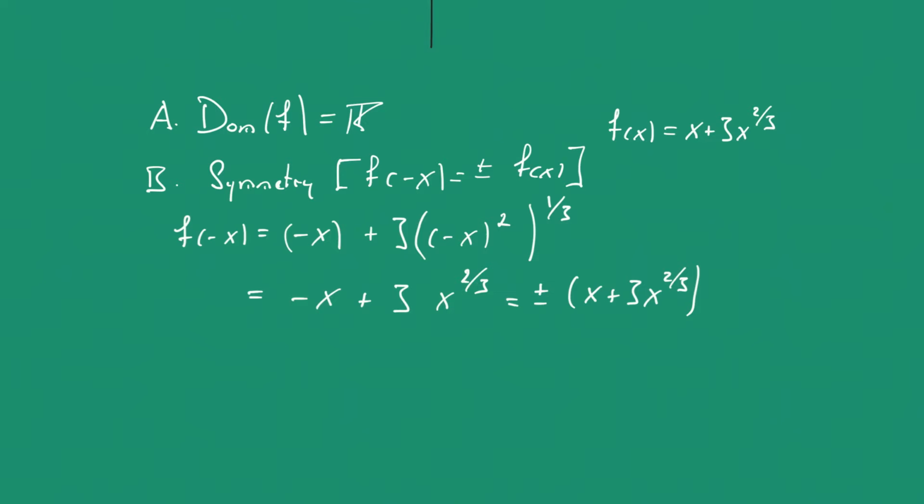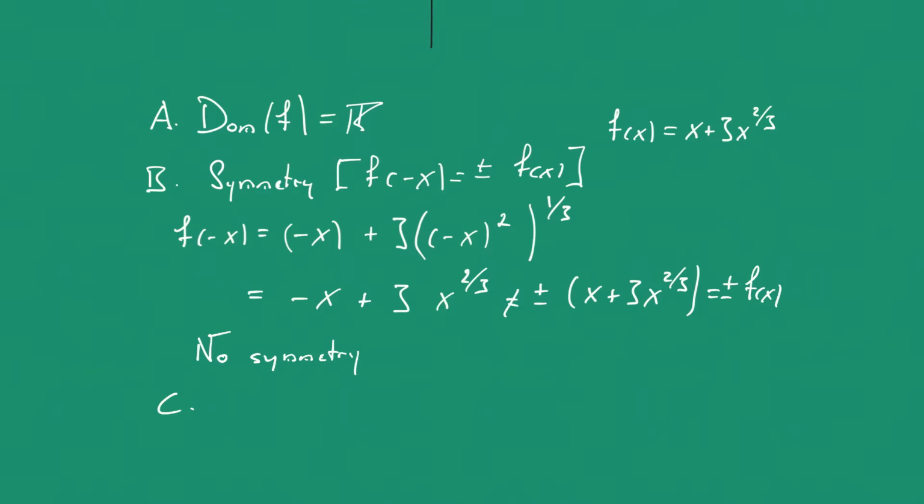In other words, this is not equal to this, which is to say it's not equal to plus or minus f(x). So because f(-x) is not equal to plus or minus f(x), f is neither odd nor even. We'll just say no symmetry in this case.